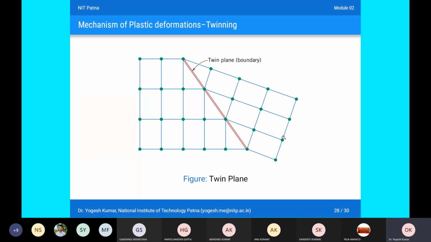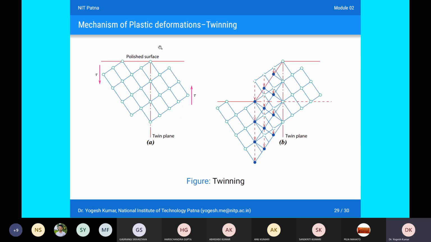Here you can see in this particular crystal structure, this side is a mirror image of this side. On one side of your red line, the crystal structure is a mirror image of the other side. Basically, this plane is called the twin plane or twin boundary.